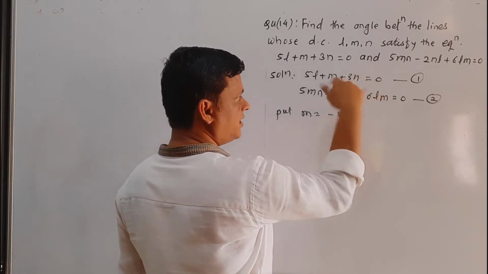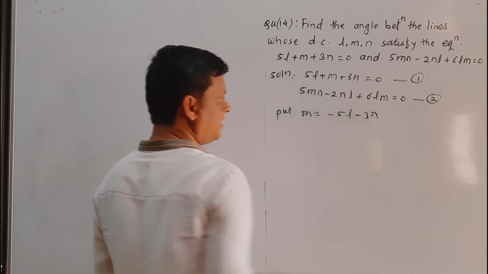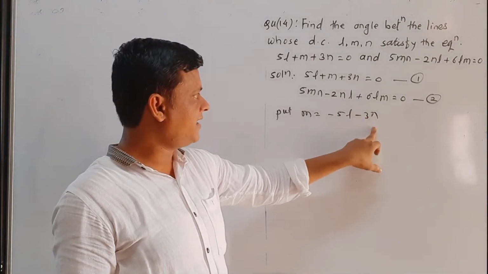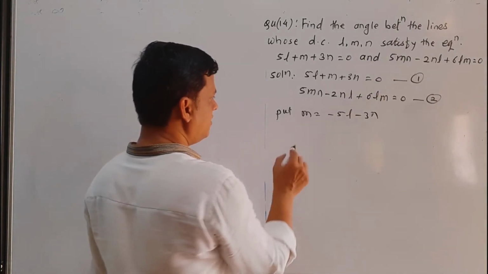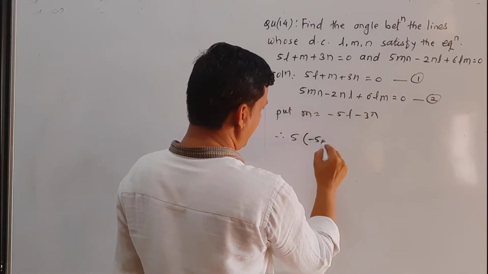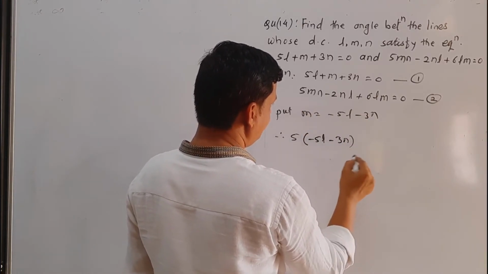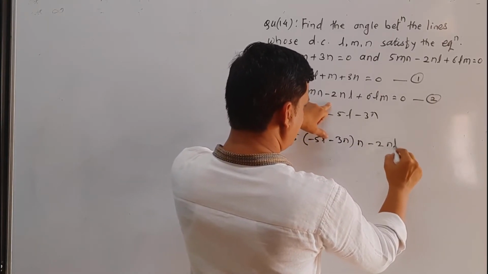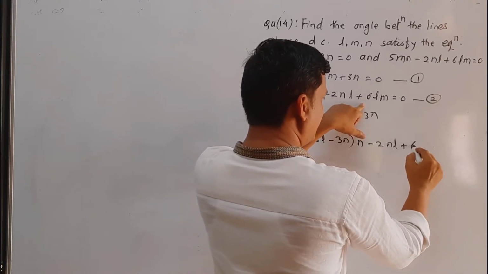We transfer this 3n to the right hand side, we get minus 3n. So we put m equals minus 5l minus 3n in equation number 2. So we get here 5 in place of m, we write minus 5l minus 3n, this n as it is, minus 2nl as it is, plus 6lm.